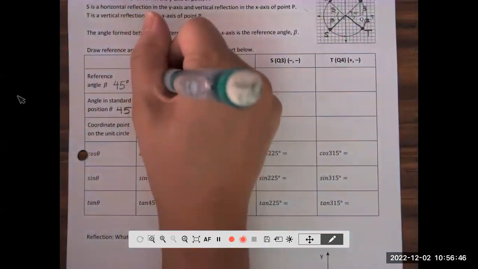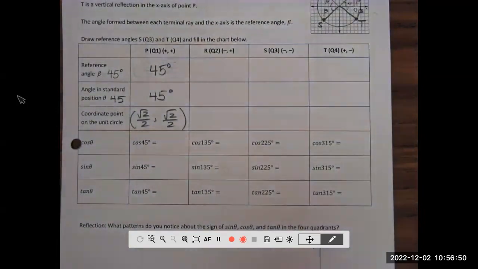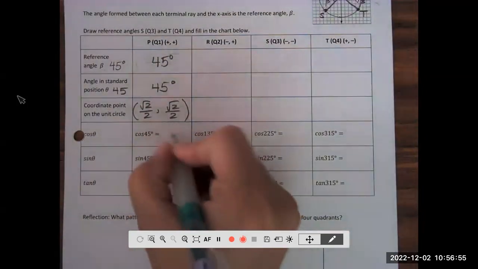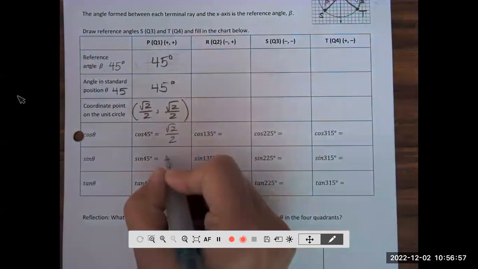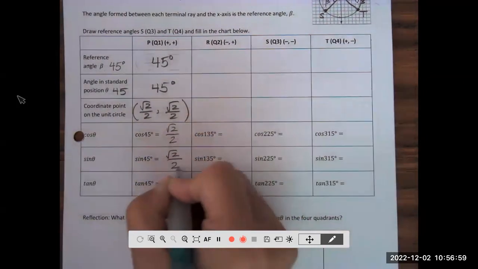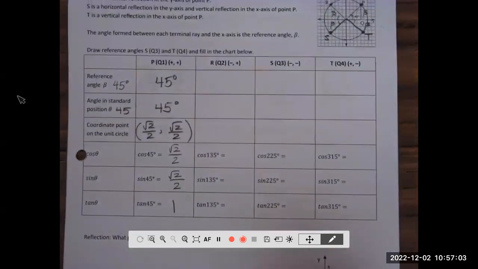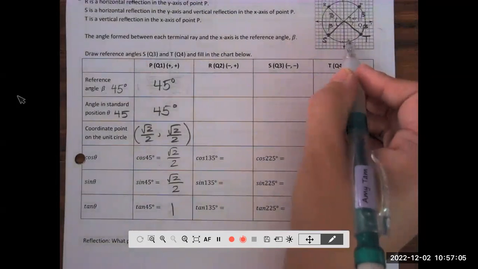Okay. So my reference angle here is 45 degrees. So we know this already in quadrant 1. Root 2 over 2. Sine 45 is root 2 over 2. What's tan 45? Good. Now, let's look back at our unit circle.